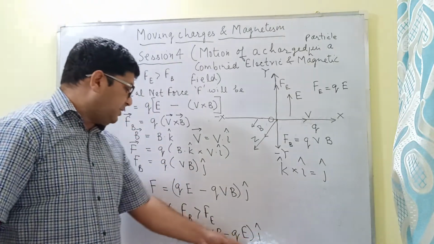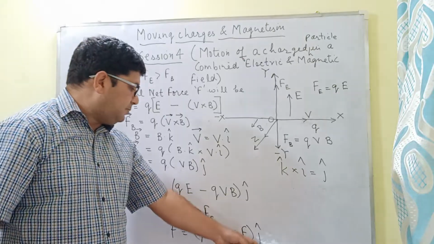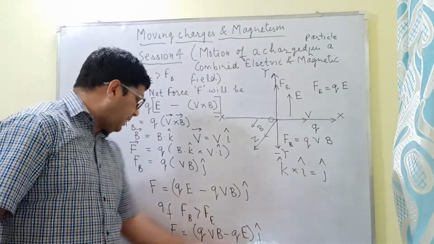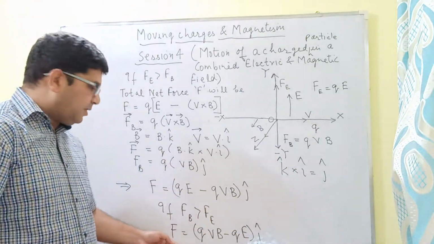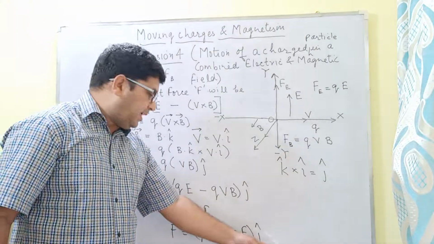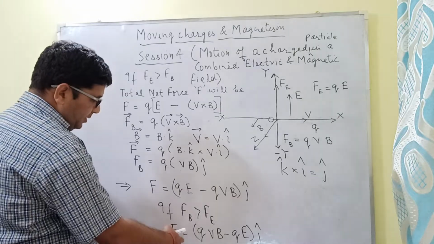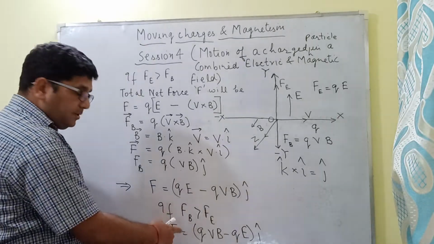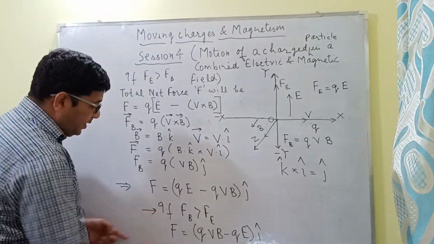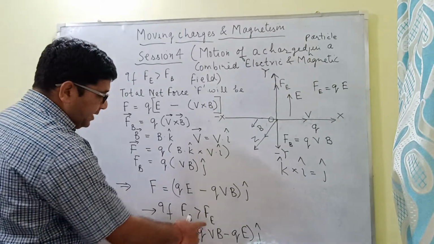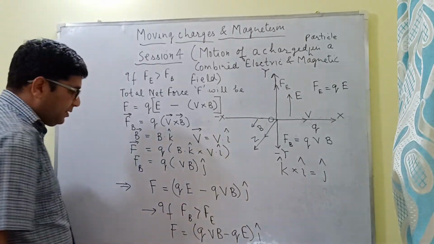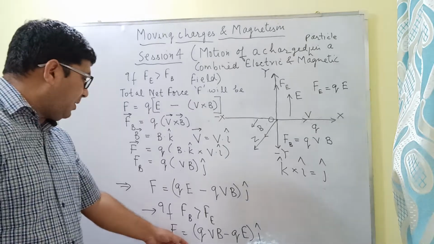J cap क्या बता रहा है? This is the direction of this net force along the y axis. ठीक है ना? So this is when the magnetic force is greater than the electrostatic force. ठीक है, तो उस केस में ये हमारा आंसर आ जाता है.